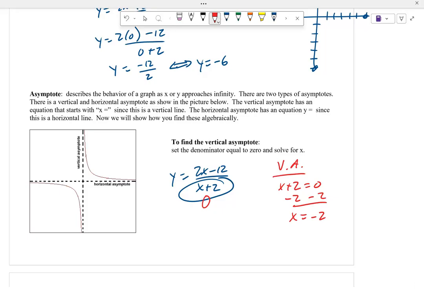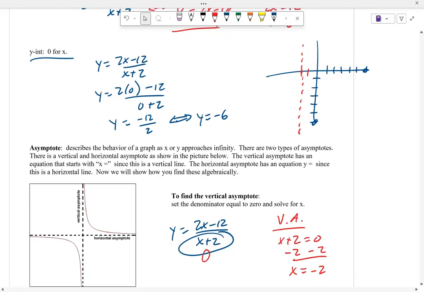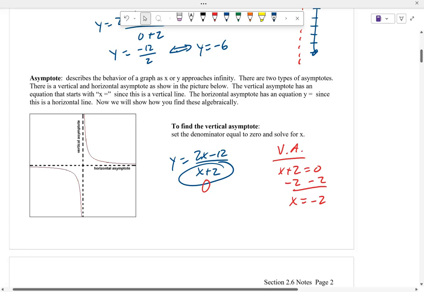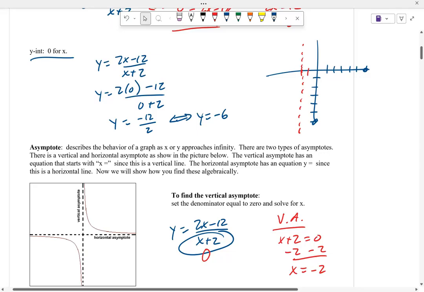So the function, if I was graphing this, would never touch that line x equaling negative 2. For a vertical asymptote, the question is, as I approach negative 2, what happens if I plug in a bunch of points around it?